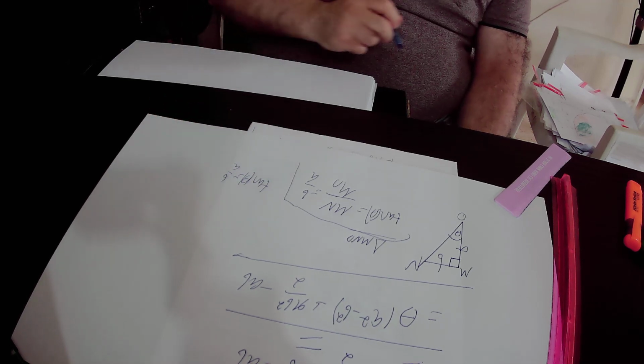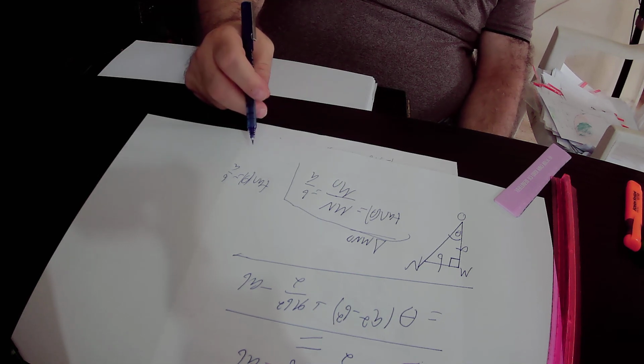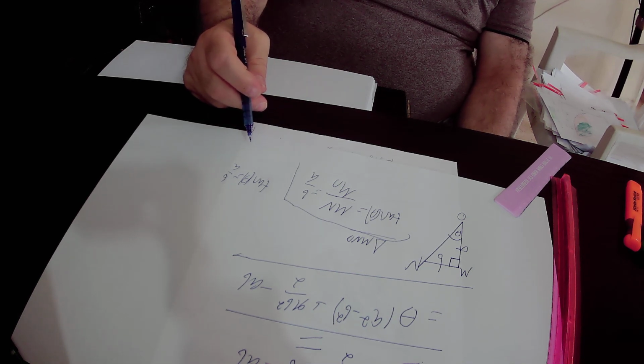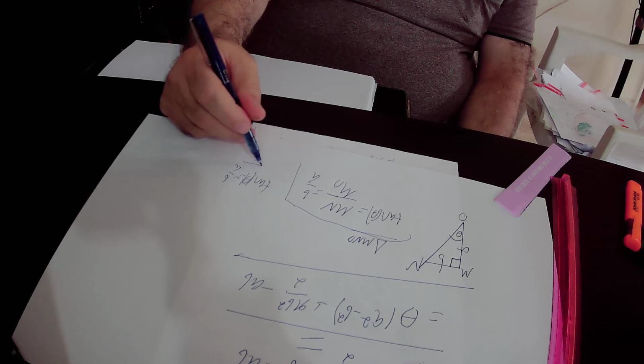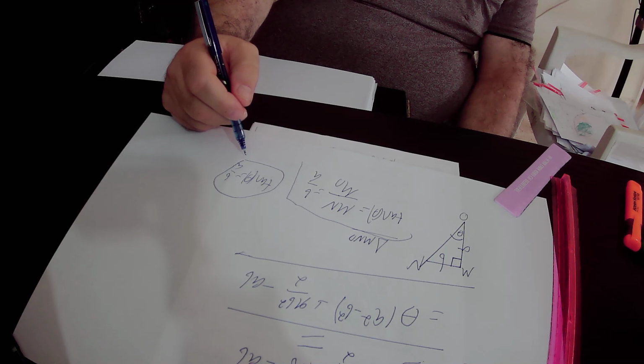But we want to find out the theta itself and not tangent theta, so we will operate the opposite function of tangent on the result, that is B over A, and this will give us the value of theta itself.